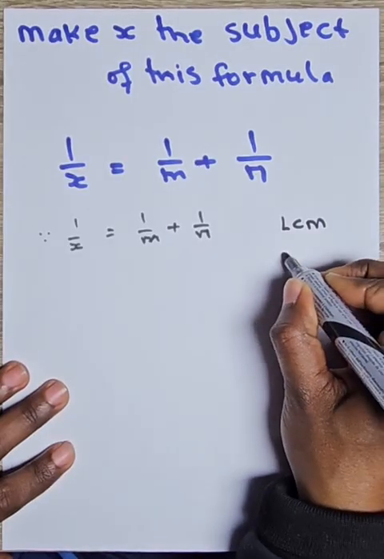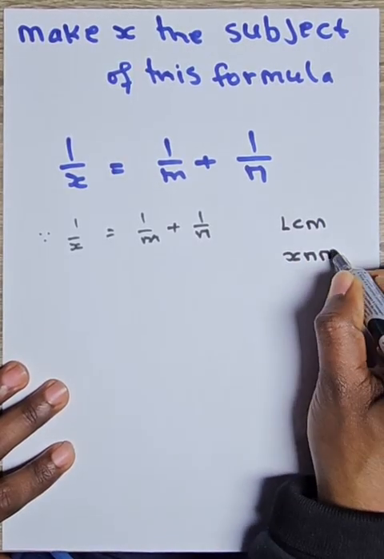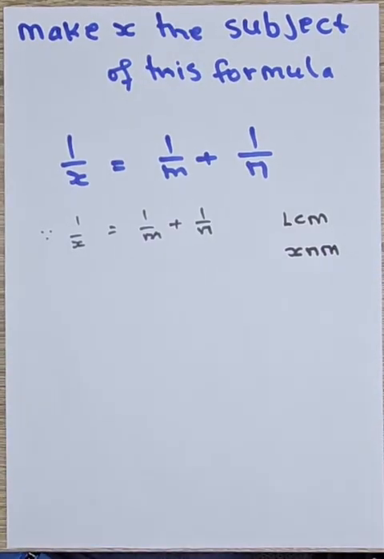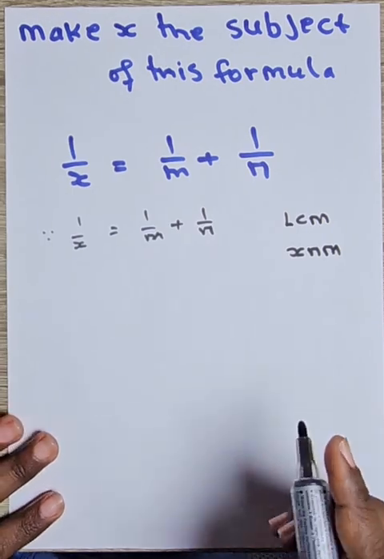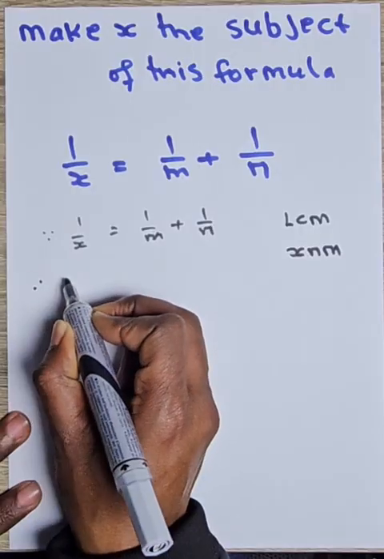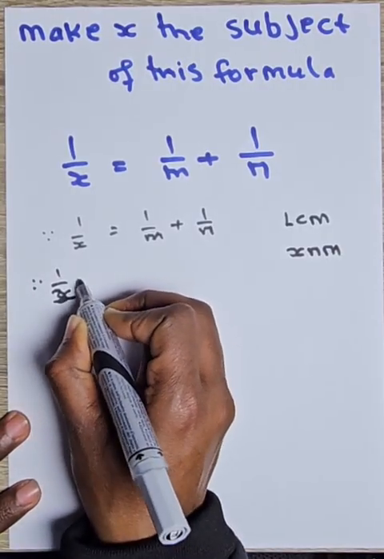This is going to be x n m. This is the denominator that I can make. I therefore need to take that x n m and multiply by 1 over x first.